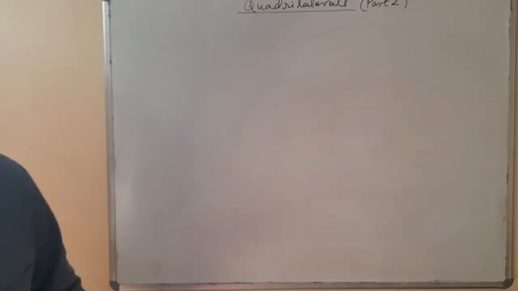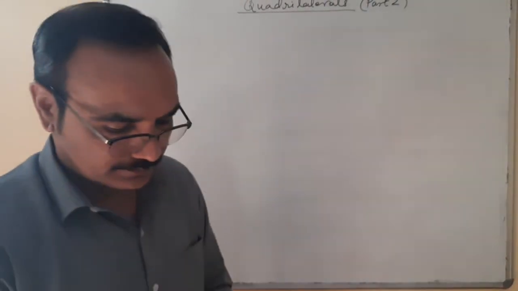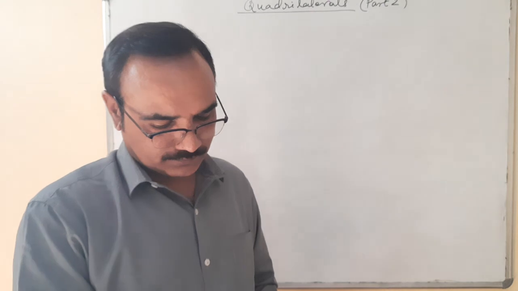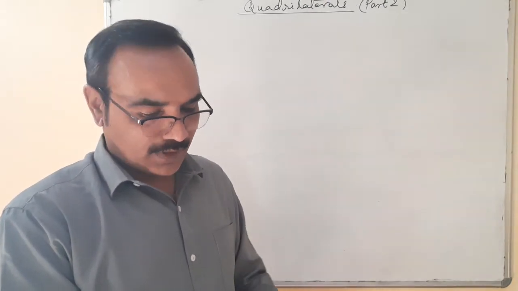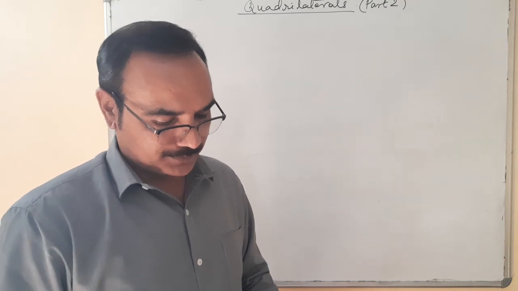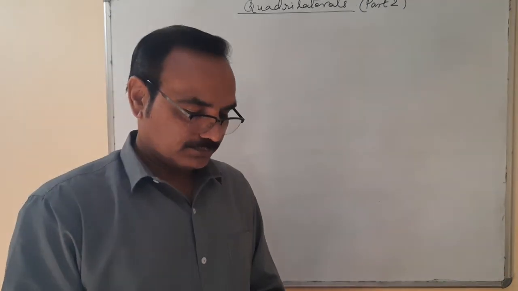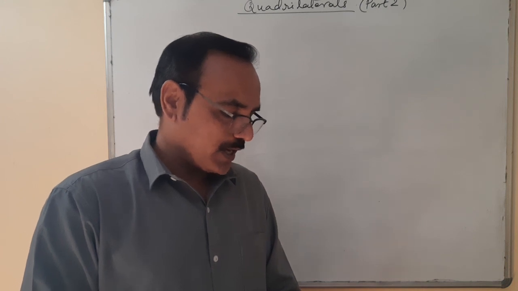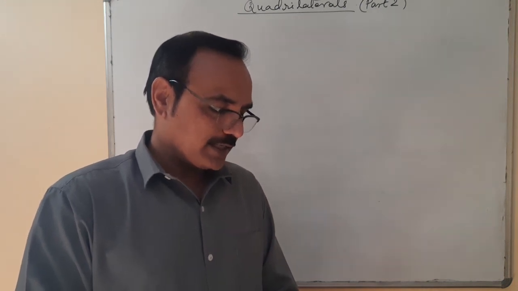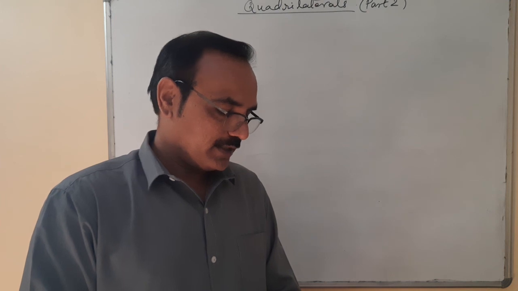Now taking some questions from this exercise. Exercise 8.2. ABCD is a quadrilateral in which P, Q, R, S are the midpoints of sides AB, BC, CD and DA.